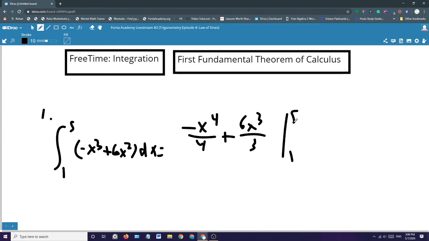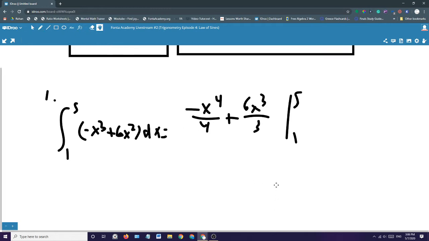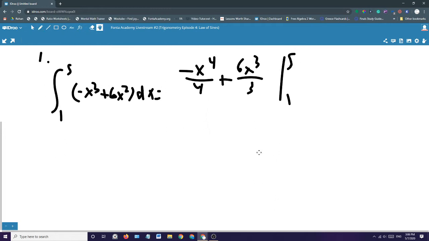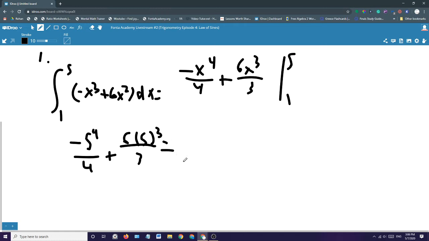Let's do the top number first. Negative 5 to the 4th divided by 4 plus 6 times x to the 5th over 3.